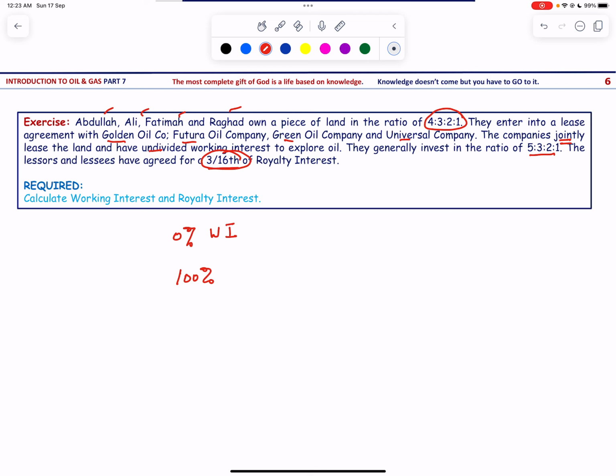The lessees will share 1 minus 3 upon 16, that is 13 upon 16th of the revenue after they pay the royalty to the lessors. The lessors will not pay any cost. All cost of exploration will be borne by the lessees and they will share exploration cost in the ratio of 5 is to 3 is to 2 is to 1.